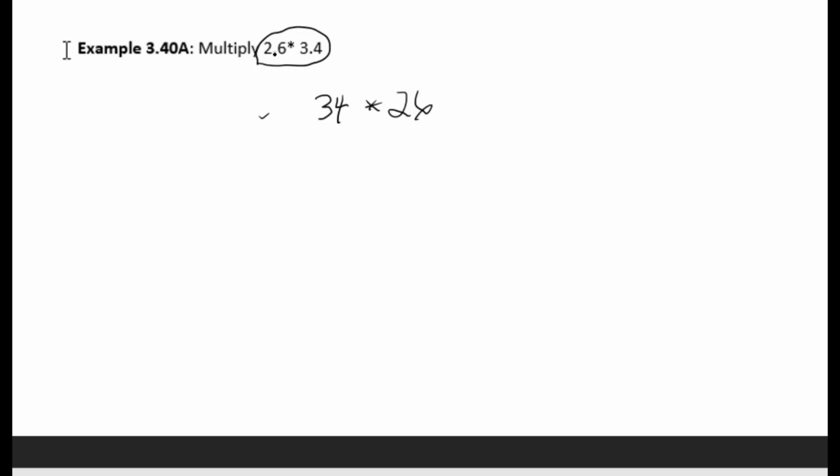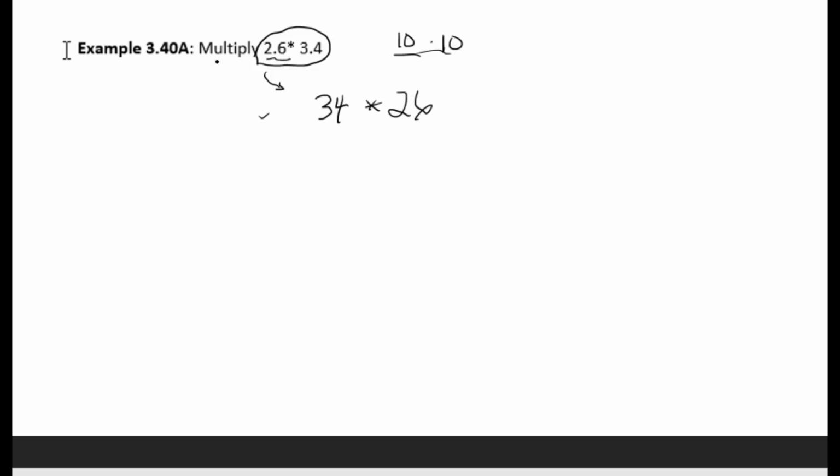But to go from 2.6 to 26, I have to multiply 2.6 by 10. And to go from 3.4 to 34, I have to multiply 3.4 times 10. So I'm basically taking this problem, moving the decimal 2 places. So this problem here is 100 times bigger. The answer will be 100 times bigger than what the answer is for this problem.